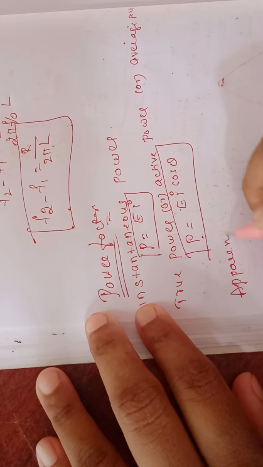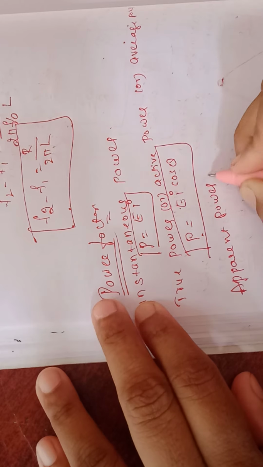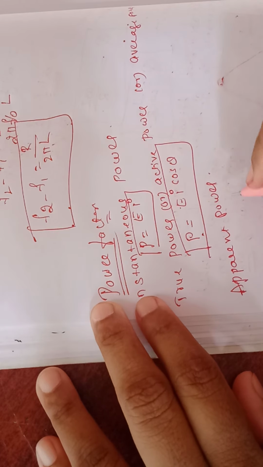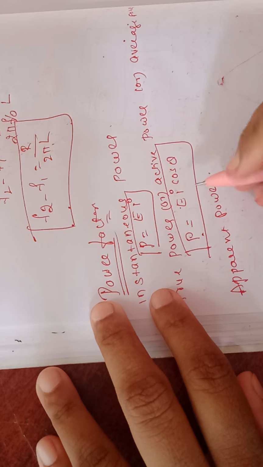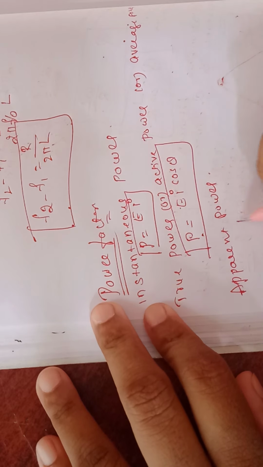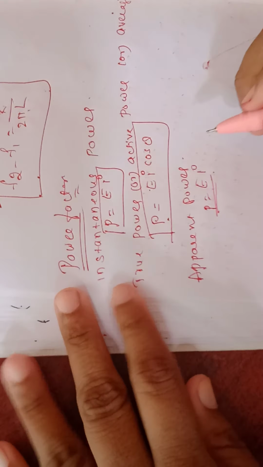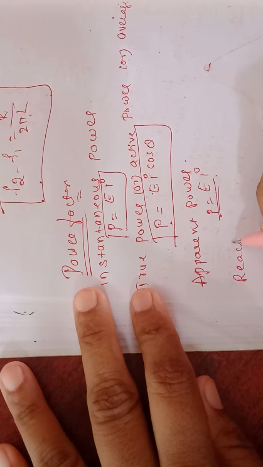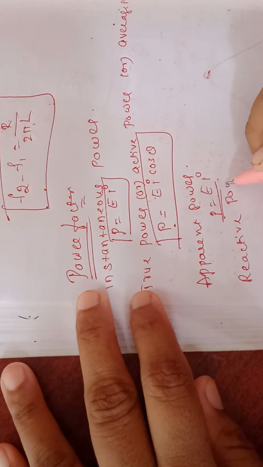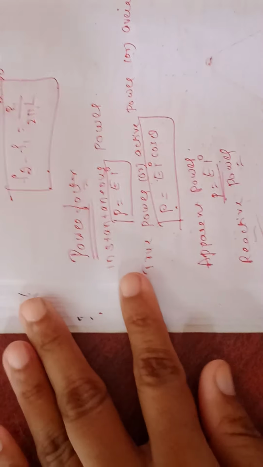Next, apparent power. It is defined as total voltage and total current, the product of voltage and current. Now next, reactive power.